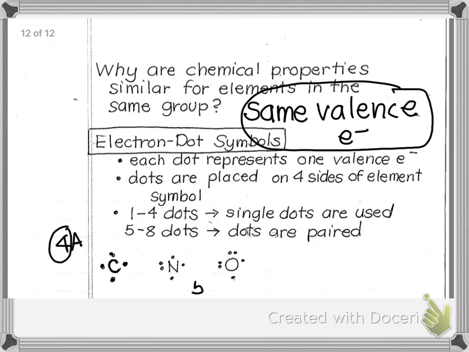Nitrogen is in group 5A, so it would have 5 dots: 1, 2, 3, 4, 5. And then oxygen is in 6A, that's its valence, so it has 6: 1, 2, 3, 4, 5, 6. So electron dot symbols are just a simple way to represent how many valence electrons are in an atom.